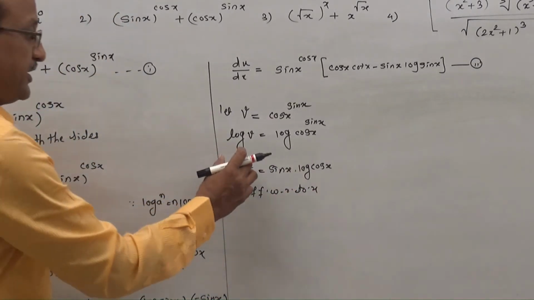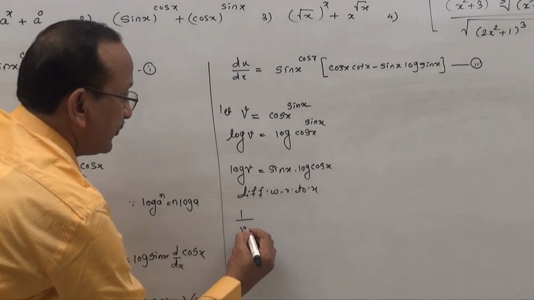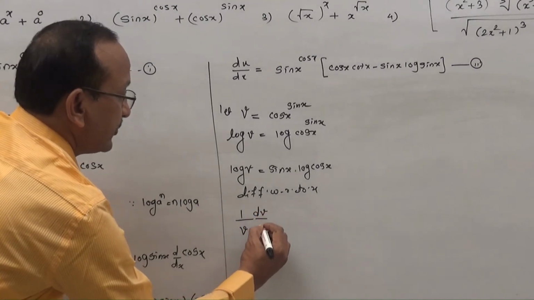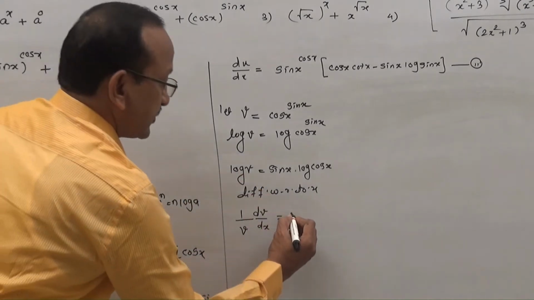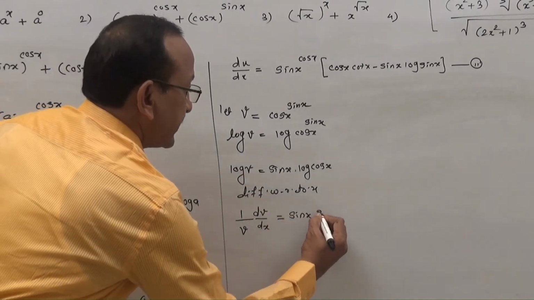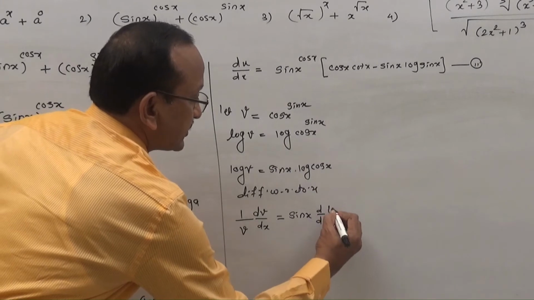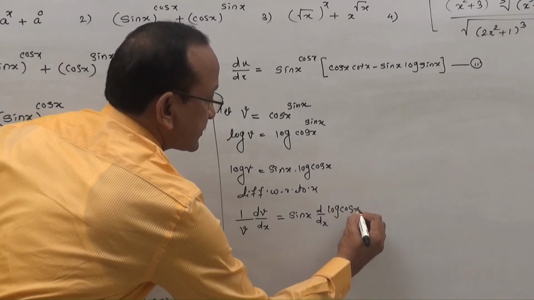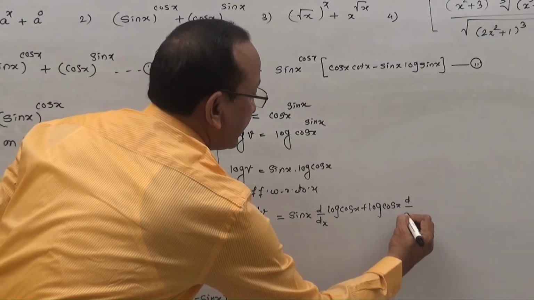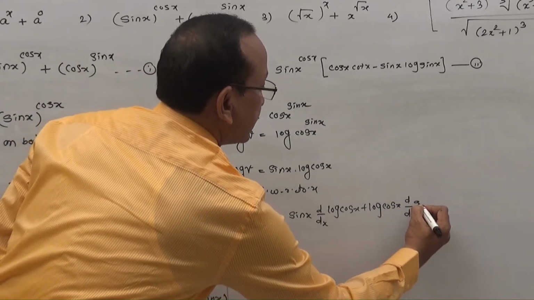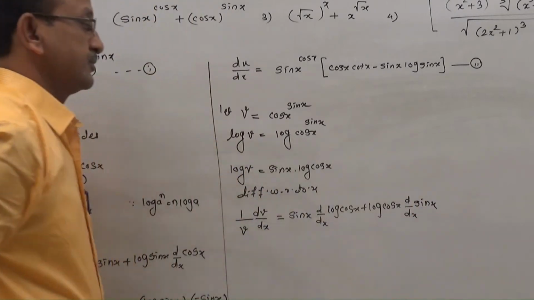The derivative of log v is 1 upon v into dv by dx. Then the first function into the derivative of the second function, log of cos x, plus log of cos x into the derivative of sin x.